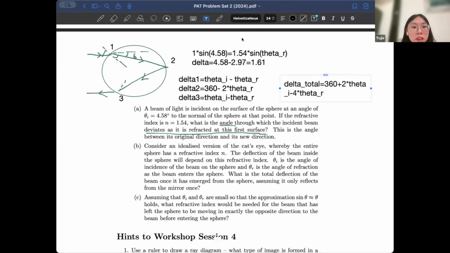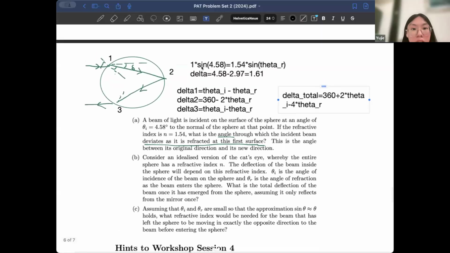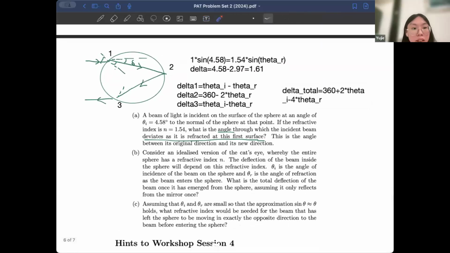So we need the initial incident light to be exactly anti-parallel to the light that leaves the sphere.